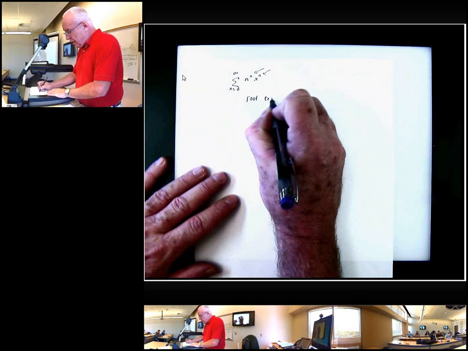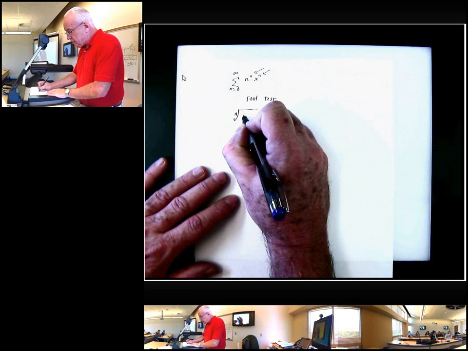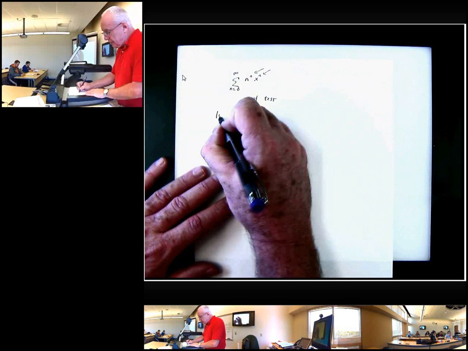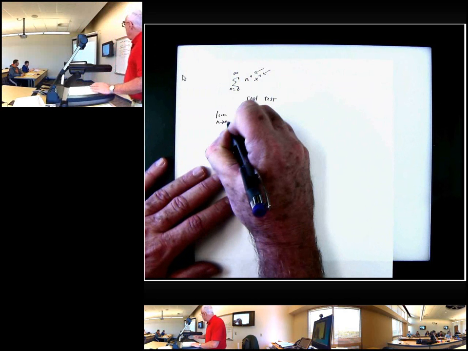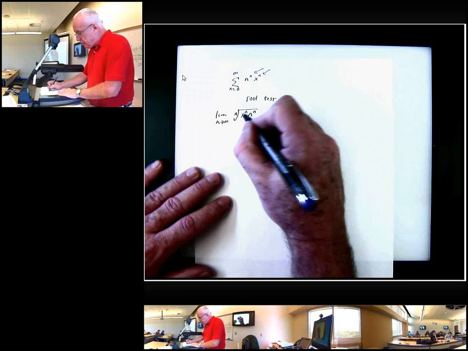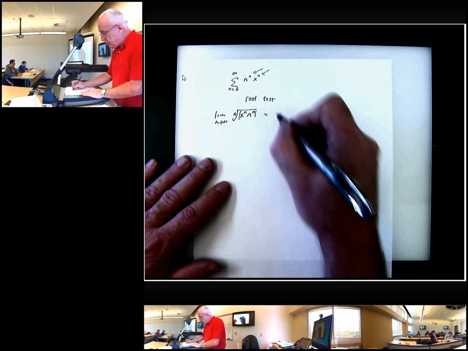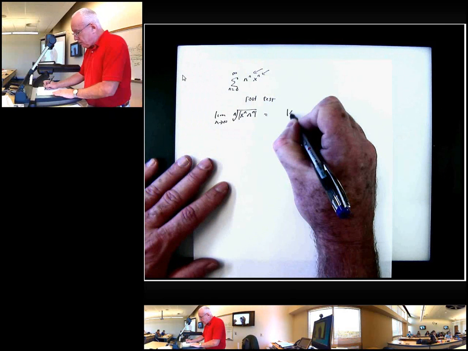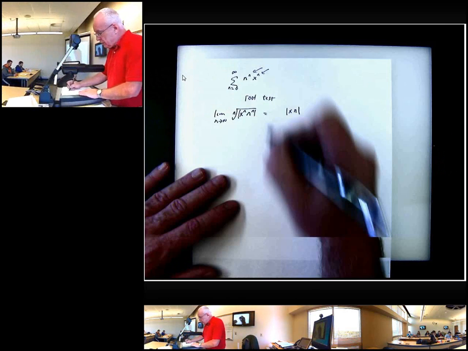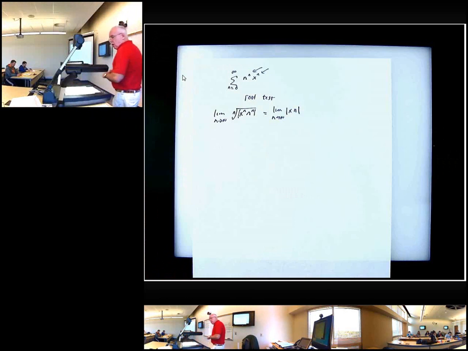So we look at the nth root of n to the n times x to the n, and we take the limit as n goes to infinity. Well, the nth root of that is just going to be, and this is the absolute value, by the way, the absolute value of x times n, and we look at that limit as n goes to infinity. All right.